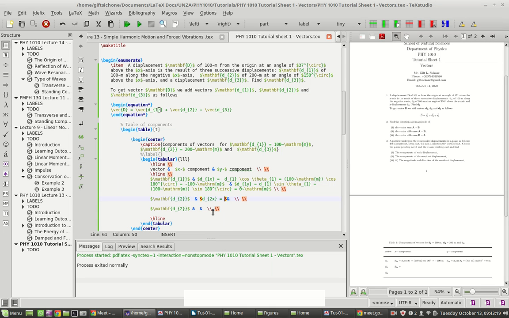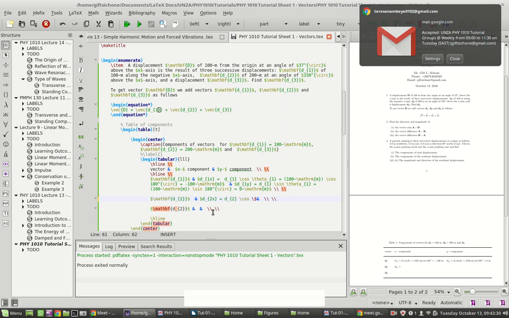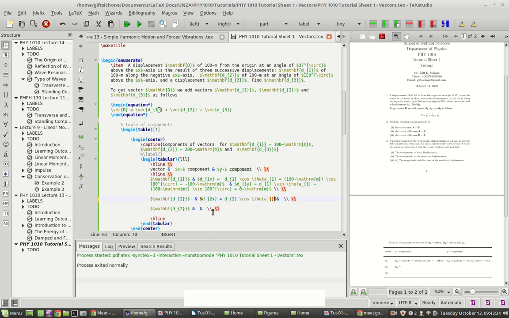The magnitude of d2, then cos the angle it makes with the positive x-axis.